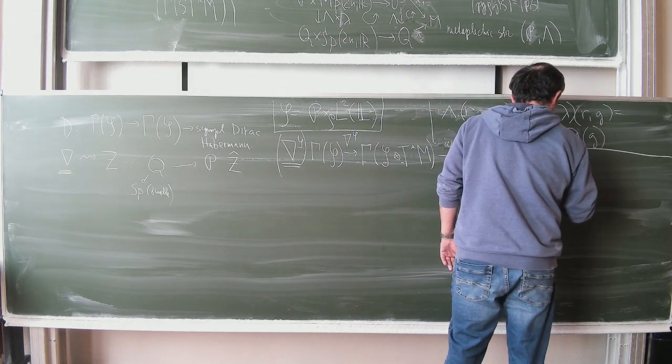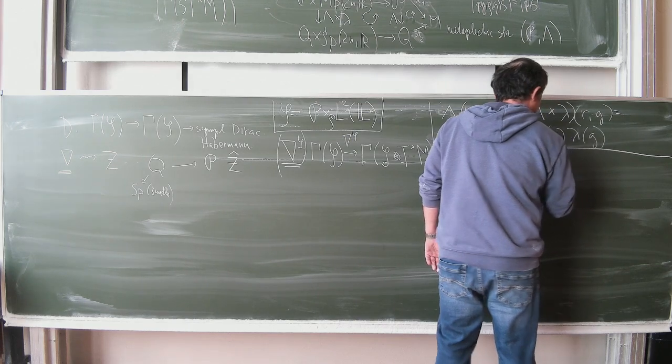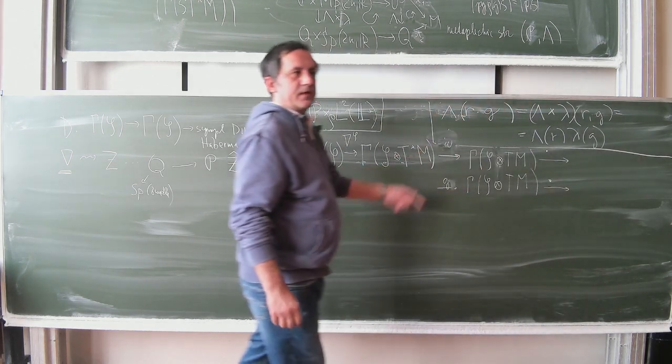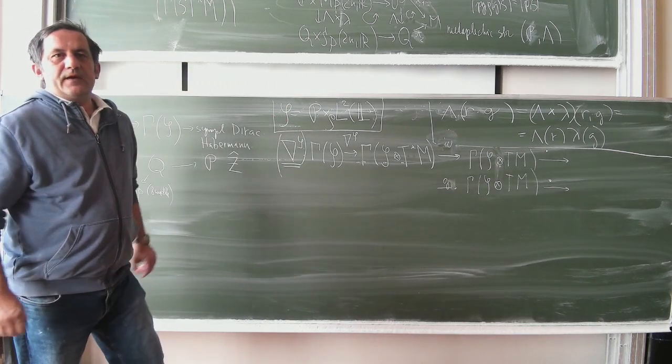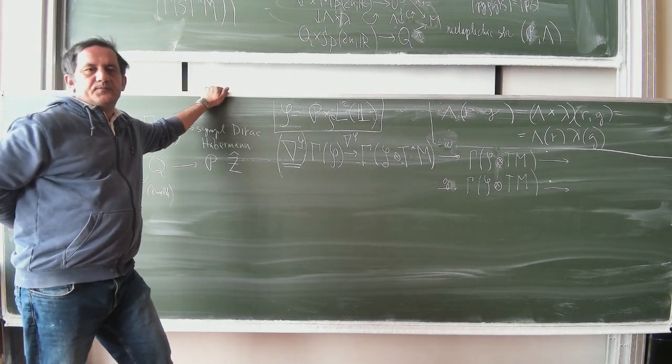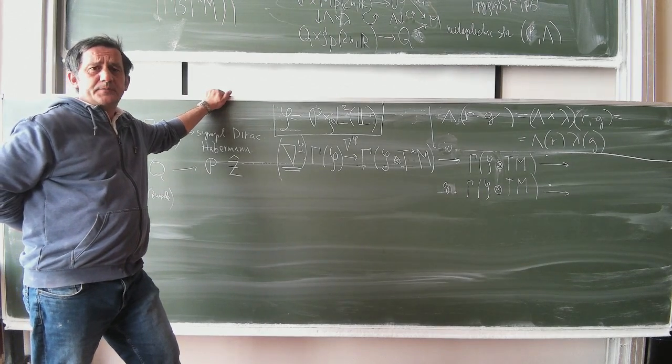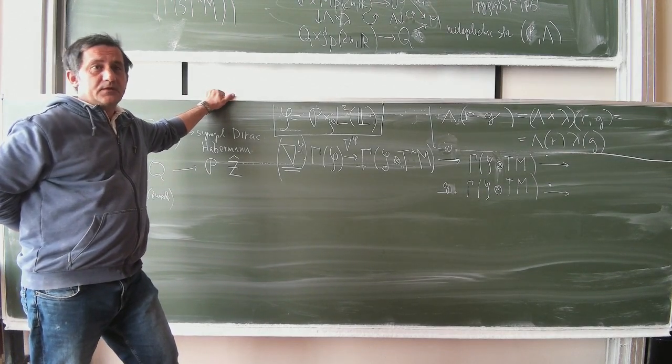And now you can apply the multiplication in both cases. We multiply spinors by vectors, not covectors.